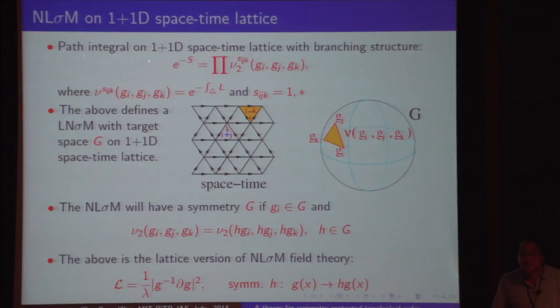So that's how we discretize it. We put the group element on the vertex, and then for each triangle, we directly write down this action amplitude, nu. We multiply the triangles together to give the total action amplitude. Then we sum over them to get a path integral, the partition function. That's how we do it.